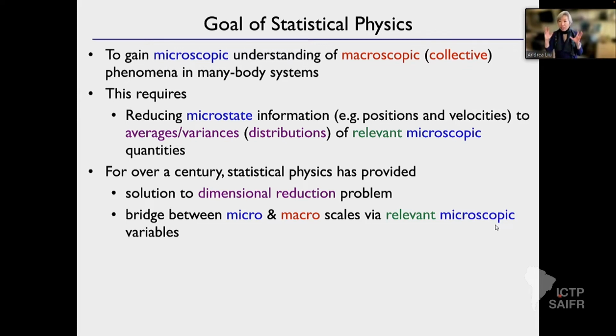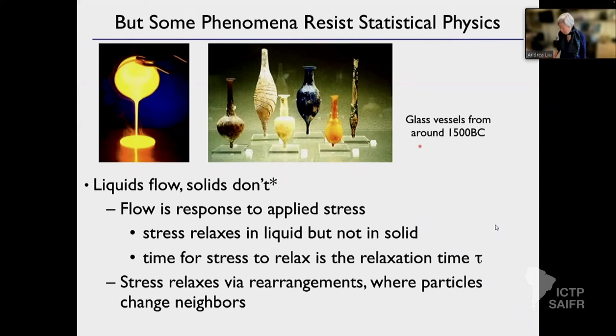So that's a huge dimensional reduction problem. But there are two parts to it: the dimensional reduction, but also finding that bridge from the microscopic to macroscopic scales through the right variables, identifying what those correct or useful microscopic variables are.